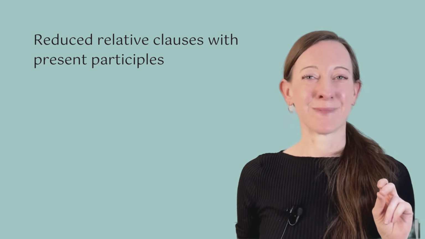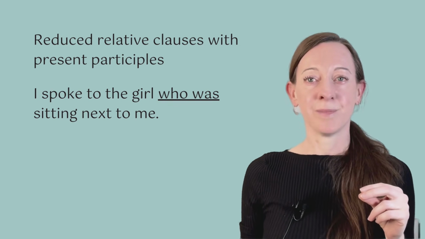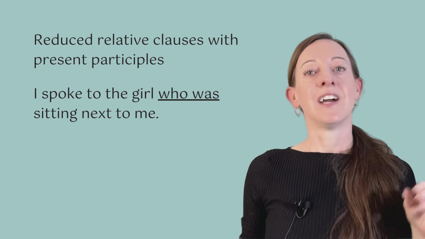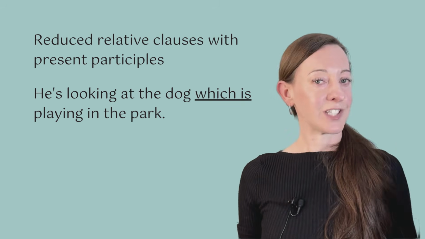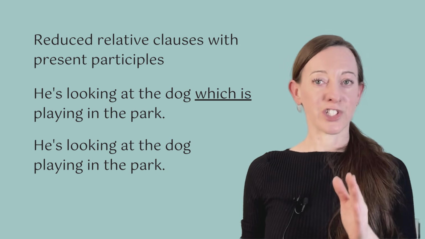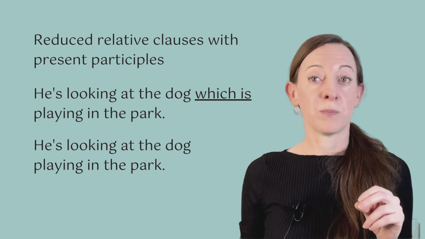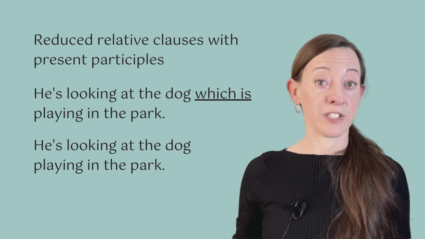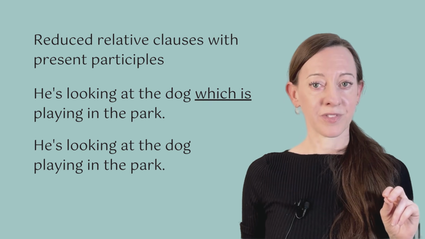With present participles, I spoke to the girl who was sitting next to me. We say instead, I spoke to the girl sitting next to me. He's looking at the dog, which is playing in the park. He's looking at the dog playing in the park. This type of clause can replace any active verb relative clause, often a continuous tense verb.